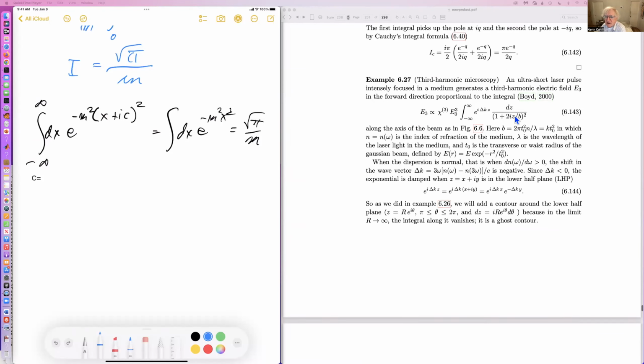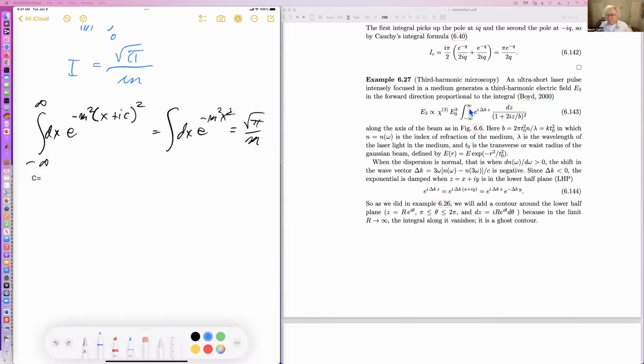Maybe I'll do it. So it turns out if you have an ultra short laser pulse intensely focused in a medium, you generate what's called a third harmonic electric field in the forward direction, and it's proportional to this integral. I'm taking this simply from a textbook by Boyd.